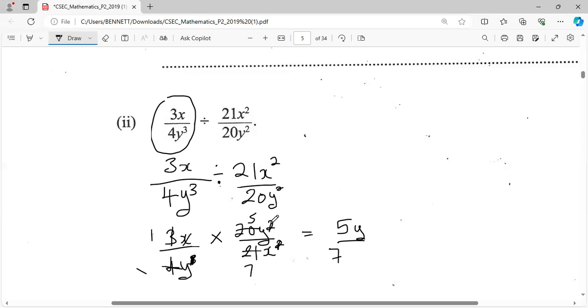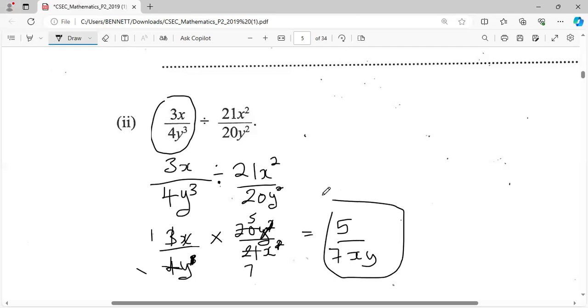The y was cancelled, so it's 5 alone. The y squared had left y1, so 7xy. So let me remove this y because you cancel. This is 5 over 7xy. Let me show you the alternate.